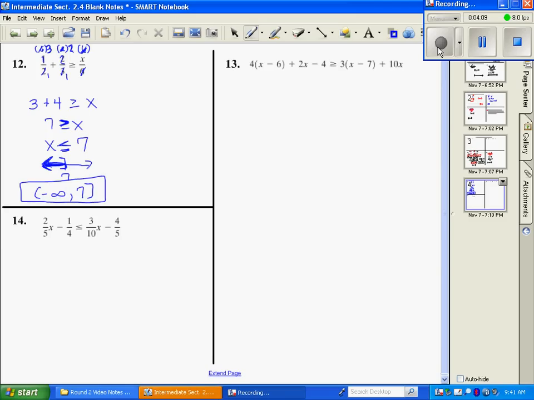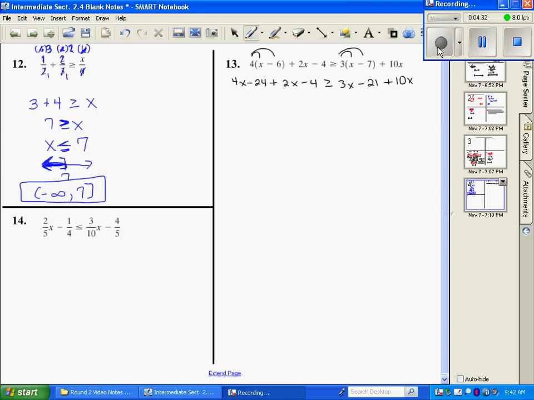Okay, number 13 looks long. We're going to take our time and do one step at a time. 4x minus 24 plus 2x minus 4 is greater than or equal to, distribute over here, 3x minus 21 plus 10x.